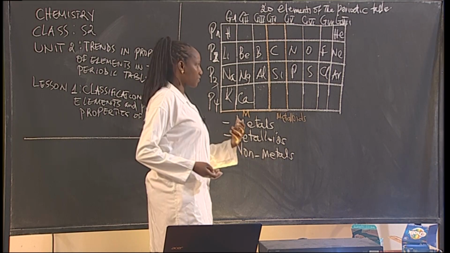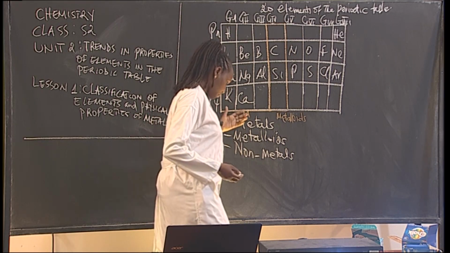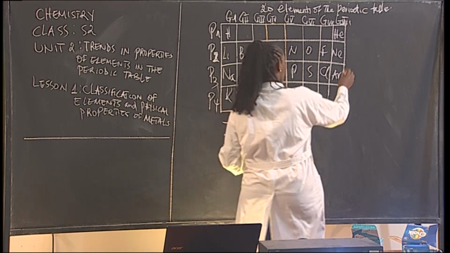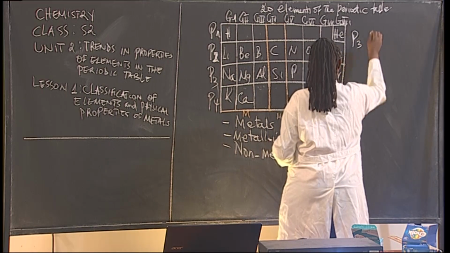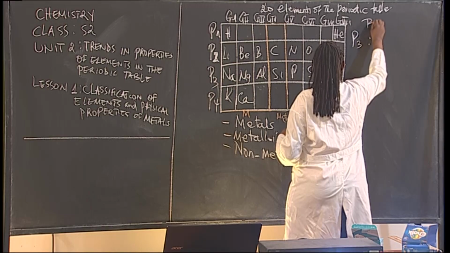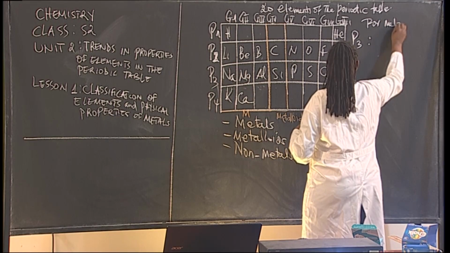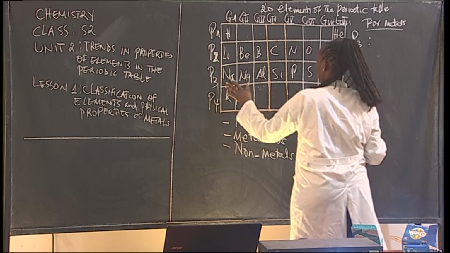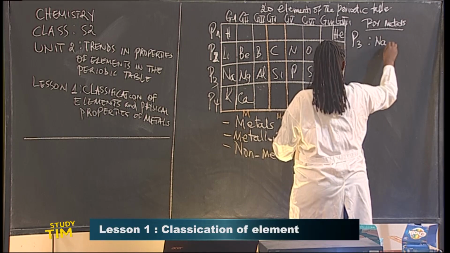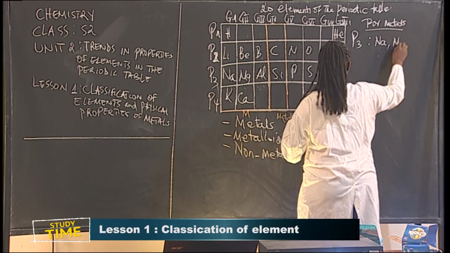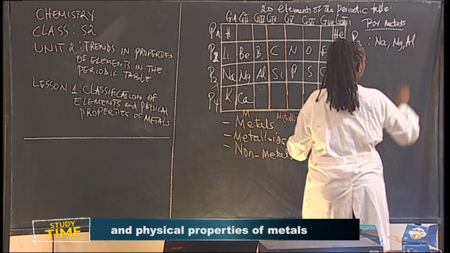Take an example of those elements in period 3, as we have said, for metals. We have sodium, magnesium, aluminum.